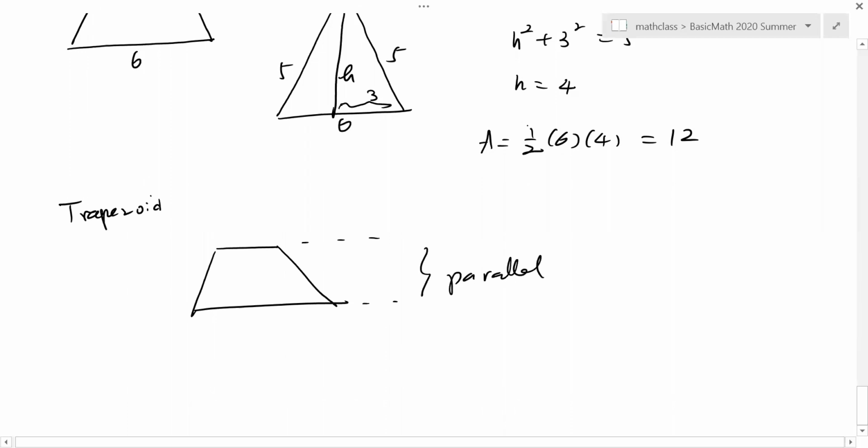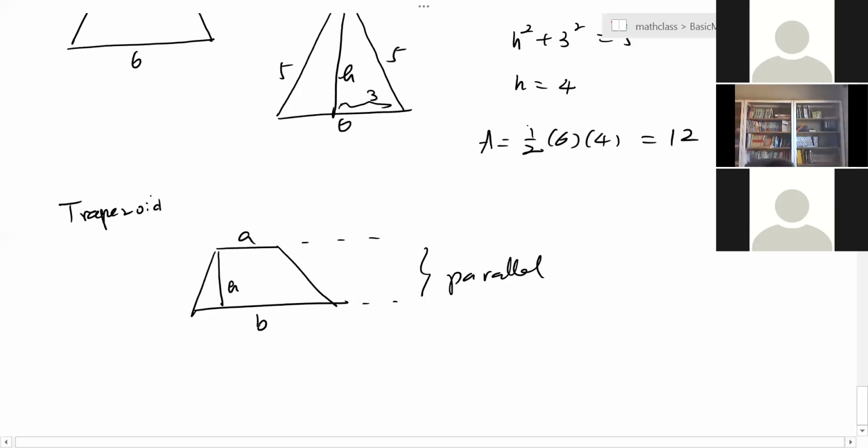So how do I find the area of trapezoid? What is the information I need? Okay, I can tell you this is a height, this is A, that's a B. So let's figure out the formula. Okay, let's figure out the formula.